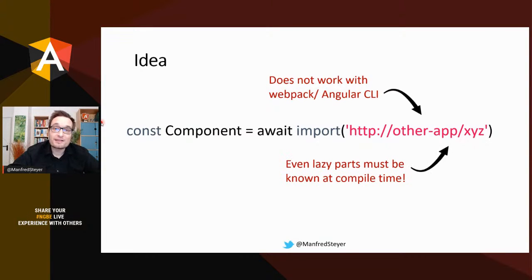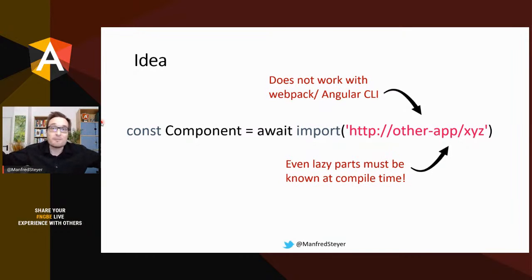Well, all those bundlers, including Webpack, assume that everything is there at compile time. Everything needs to be known at compile time. Everything is compiled together. Everything is optimized together. Think about tree shaking, for instance. And then, and only then, it is cut into pieces for lazy loading. But this is too late, because we don't know everything upfront when going with micro frontends.